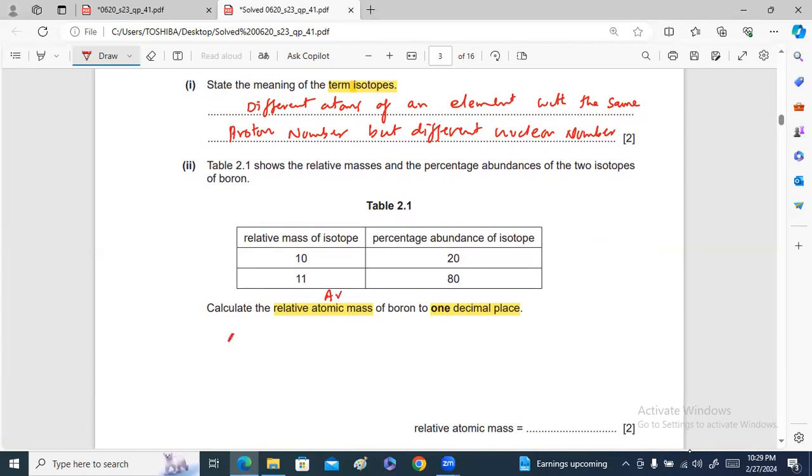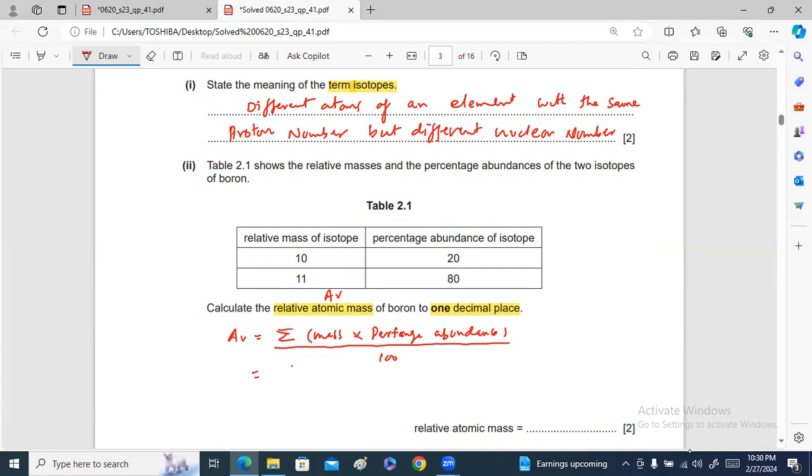So the relative atomic mass can be calculated by taking the sum of masses and relative abundance. So if we multiply the mass with the percentage abundance, we will get the relative atomic mass divided by the total abundance. So the total abundance is 100.